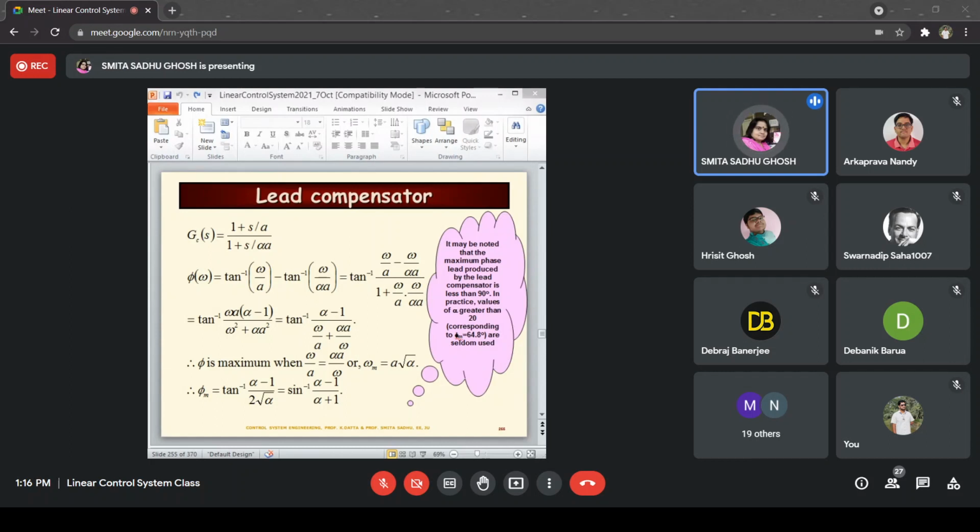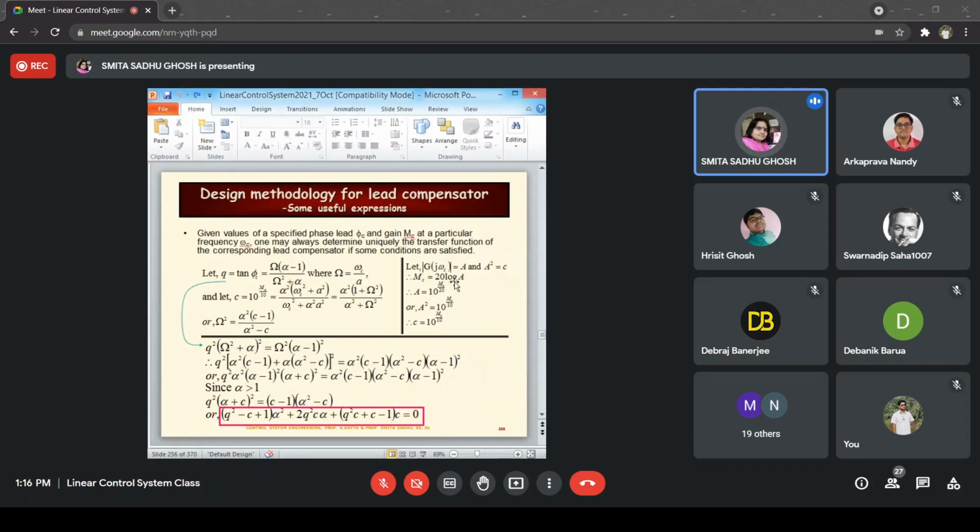Since you have a root over in the numerator as well as a root over in the denominator, the magnitude of G(j omega c) is the expression for the magnitude of the numerator divided by the expression for the magnitude of the denominator.